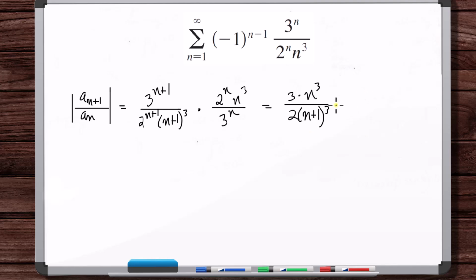To make this easier to visualize, we can expand this. Let's do n plus 1 times n squared plus 2n plus 1.